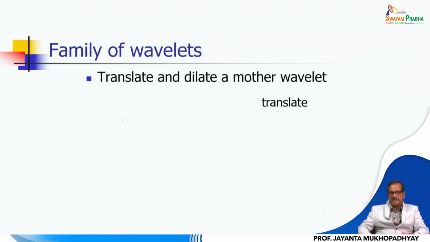Now, when we generate this family, I just mentioned previously that if I have one basis function, then from there I can generate all the others by varying those parameters. So what are the things we can do? Say we can translate in time.